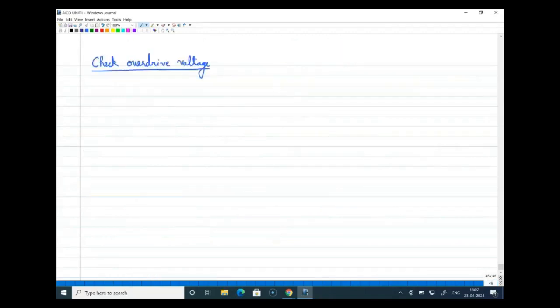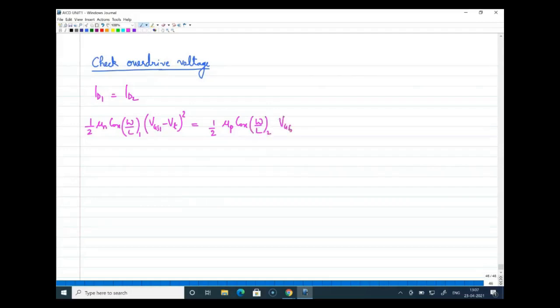Since ID1 is equal to ID2, I can equate half mu n Cox W by L of 1 into VGS1 minus VT the whole square to half mu p Cox W by L of 2 into VGS2 minus VT the whole square.